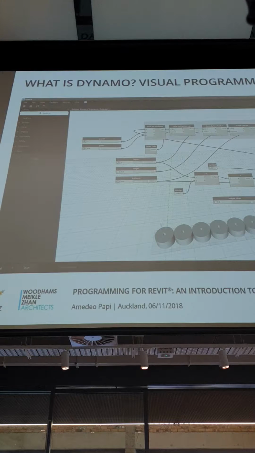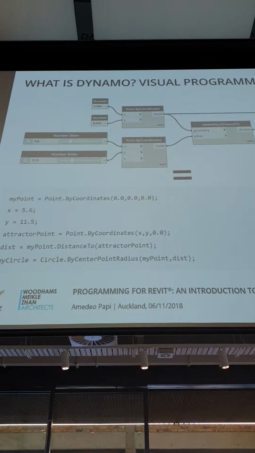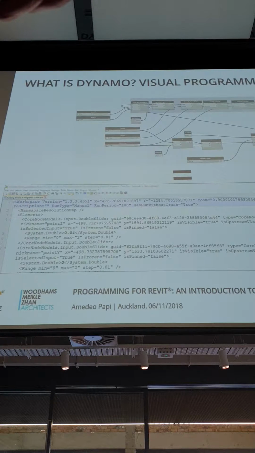So that's when visual programming for designers makes a lot of sense to me. So behind those nodes, there's a plain programming text, actually. These two scripts, they do exactly the same thing. And the graph itself, if you open it with a textual editor, you can see that it's a sort of HTML language.